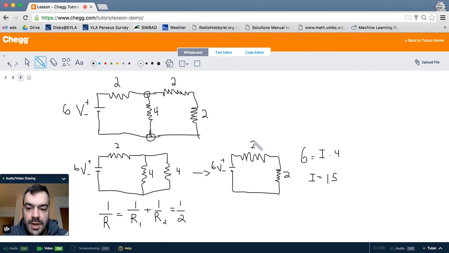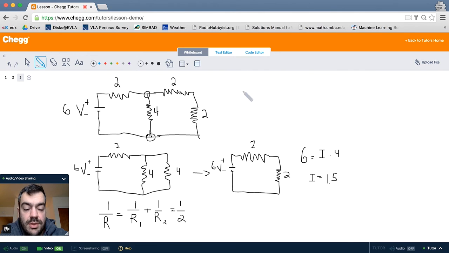So fine. So now how do we figure out what portion of that 1.5 amps goes through the 4 ohm and the two 2 ohm resistors? Well, we know that the voltage drops across the two 4 ohm resistors here, so this guy and then the equivalent guy, must be the same.